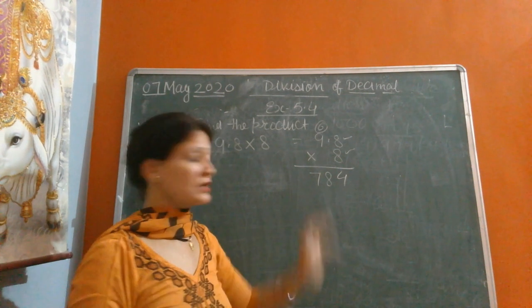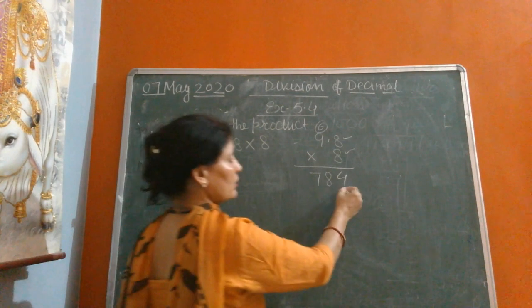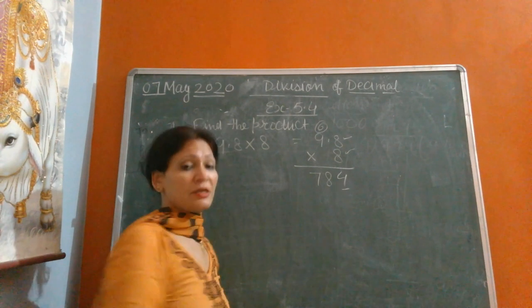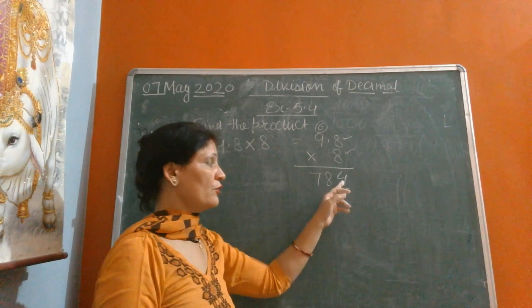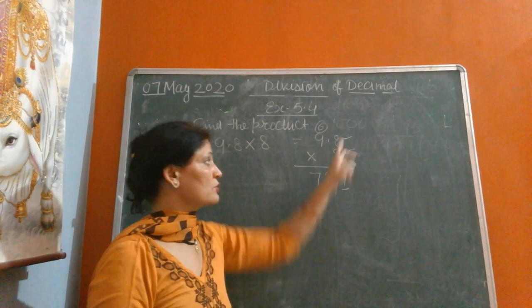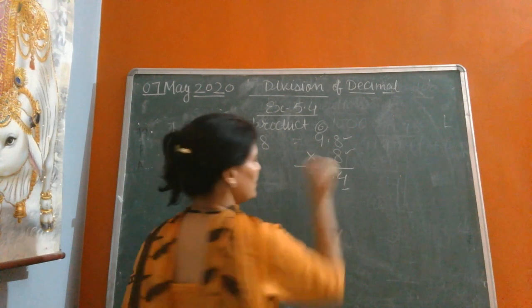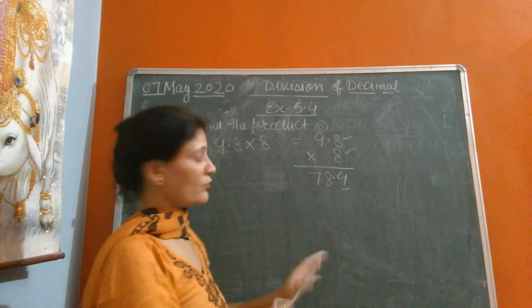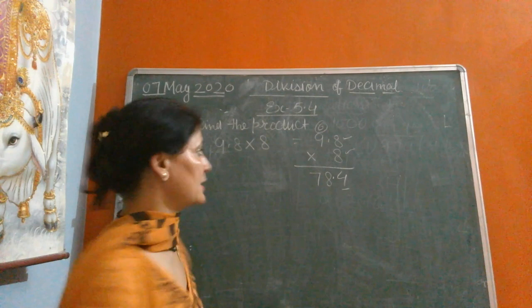The answer is 784. We will count the digits from the right hand side, only one digit, because there is also one digit after the decimal. So we will put the decimal before the 4. Now 78.4 is the answer.